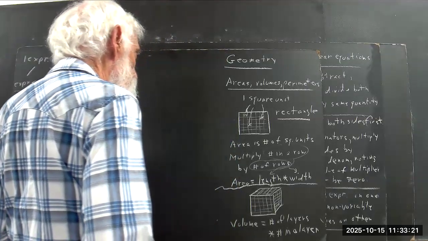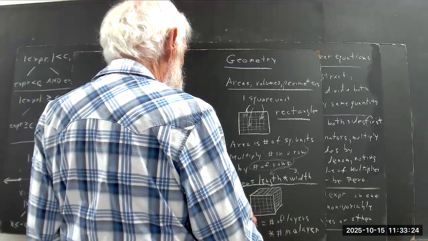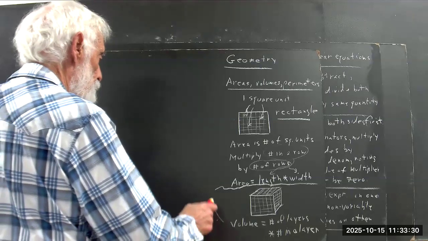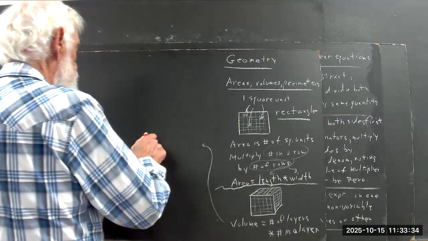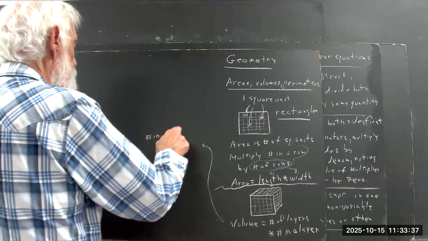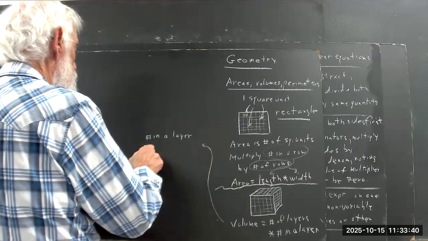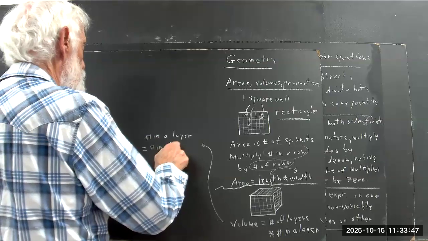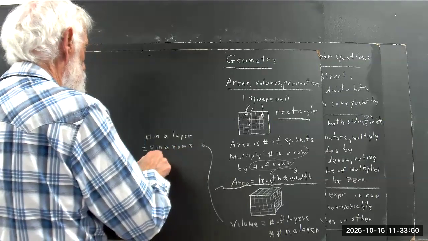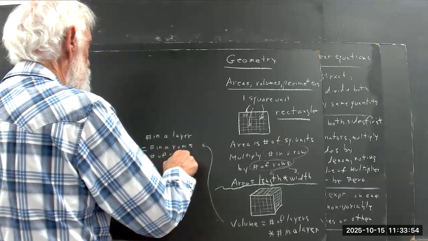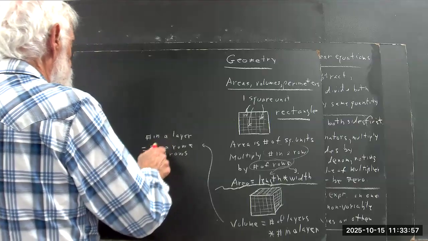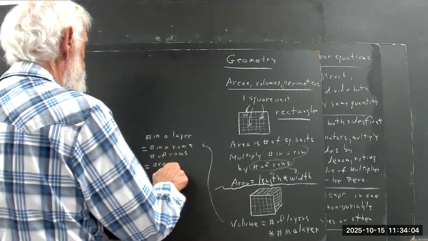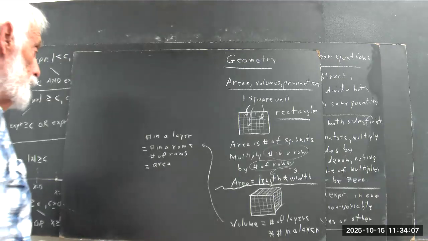Okay, well. Take a little space here. Number in a layer is a number in a row times the number of rows, which equals the area of the base.